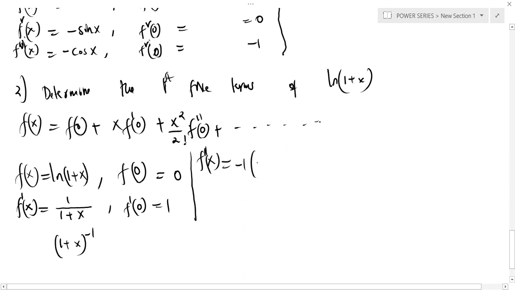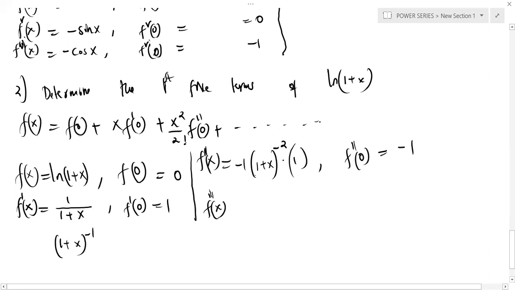Differentiating, I'll have -1 into 1 plus x raised to the power of -2 multiplied by the derivative of what is inside, which is 1. And f double prime of 0, if we replace 0 here, then 1 raised to the power of anything is 1. So we'll just get -1.